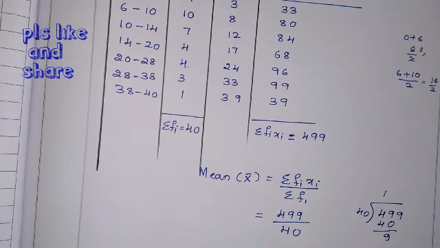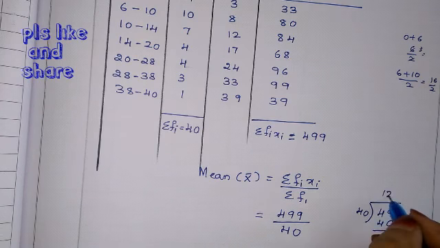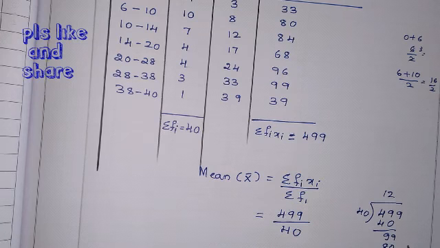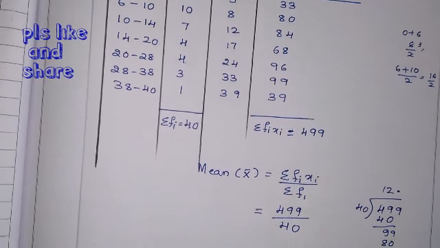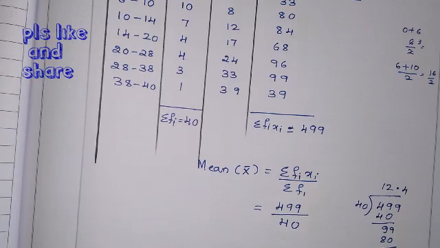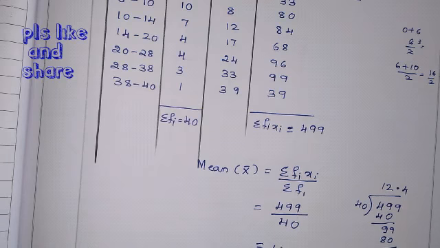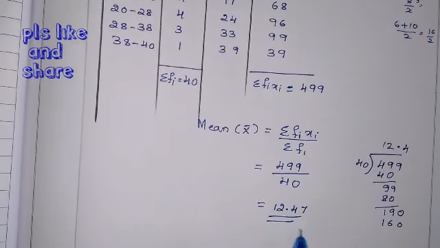So easily you can do it: 9 remains, bring down 0, 4 2s are 80, like that you have to do. Then 1 remains, 19 is smaller than 40, so 0, like that. 4 4s are 160, like that you have to go on doing. You will get the mean as 12.47 something.